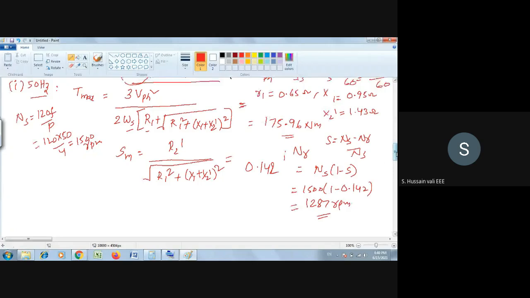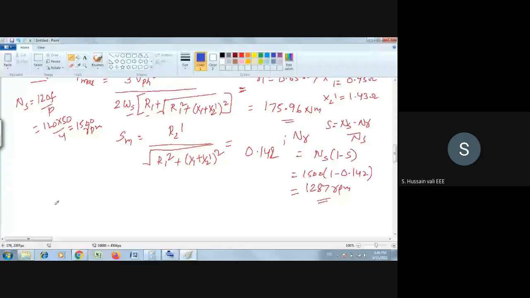One is 35. Same procedure you follow. 35 Hz in the sense, what is the difference you will find out? Unless there is a difference, N = 120 f by P. So 120 into 35 by 4.